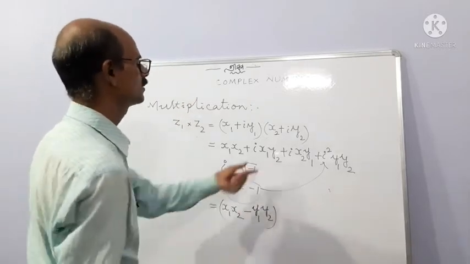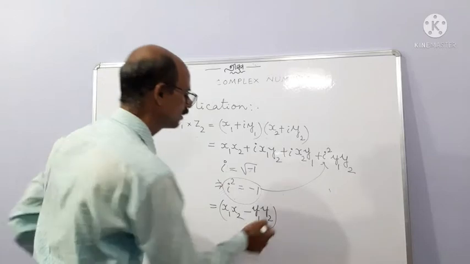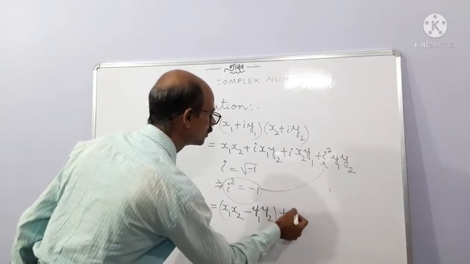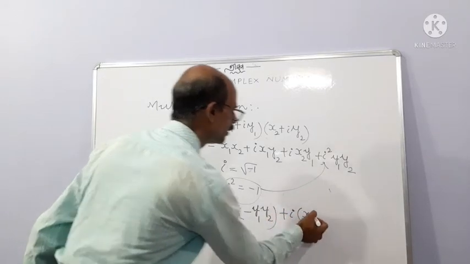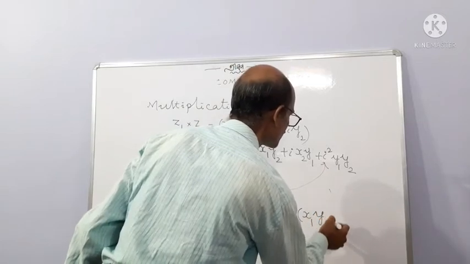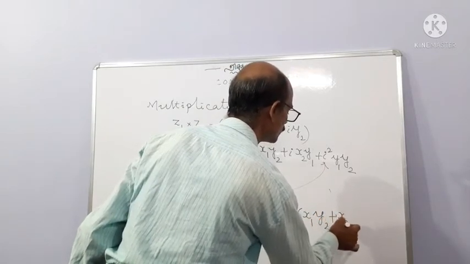put them in brackets, take common i into x1 y2 plus x2 y1.